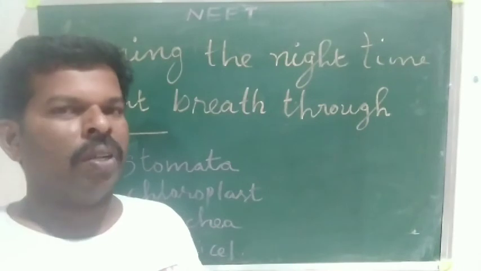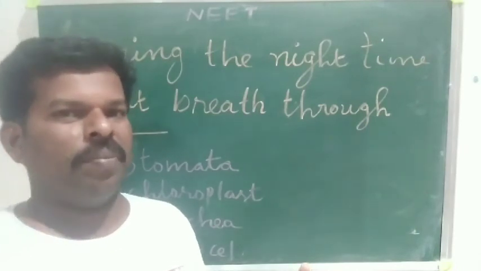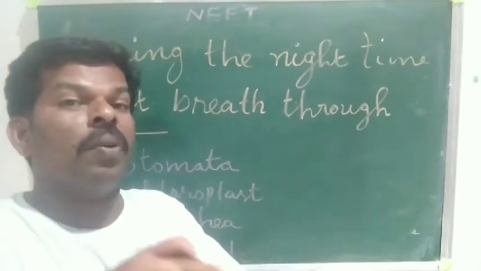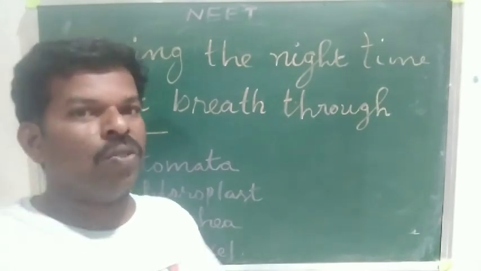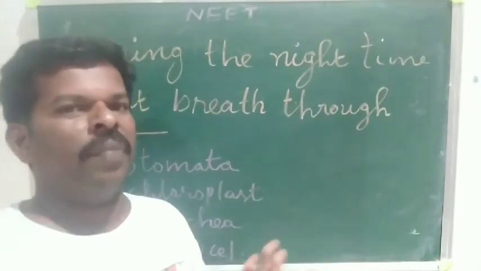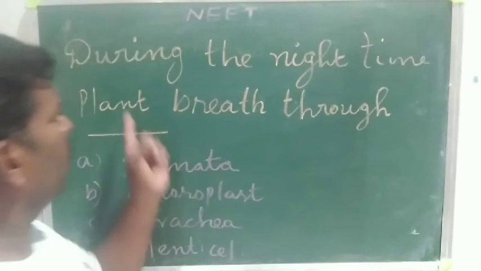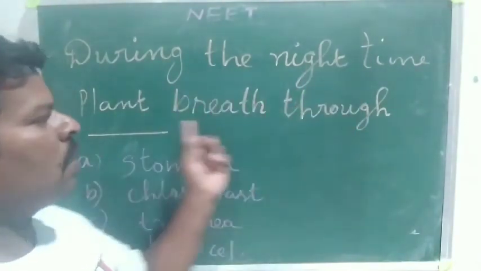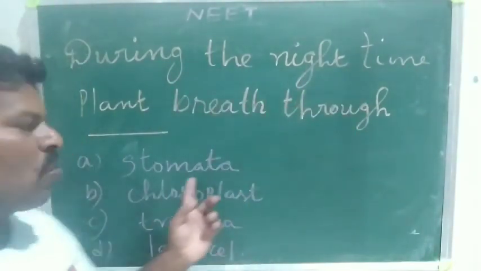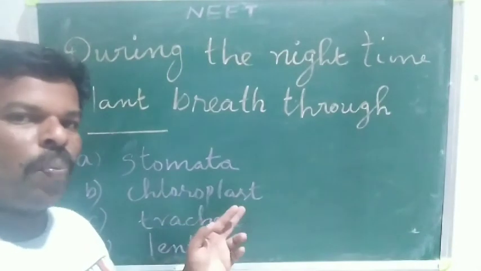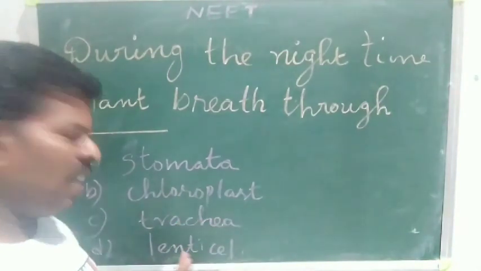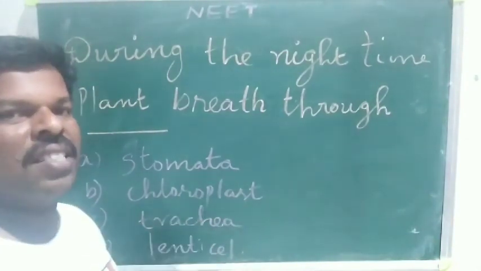The stomata should be open during the daytime. At nighttime, stomata should be closed, but in xerophytes it is the opposite. Okay, leave it here. During the night times, plants breathe through the dash. Options: stomata, chloroplast, tracheae, lenticels. Which one is the answer?